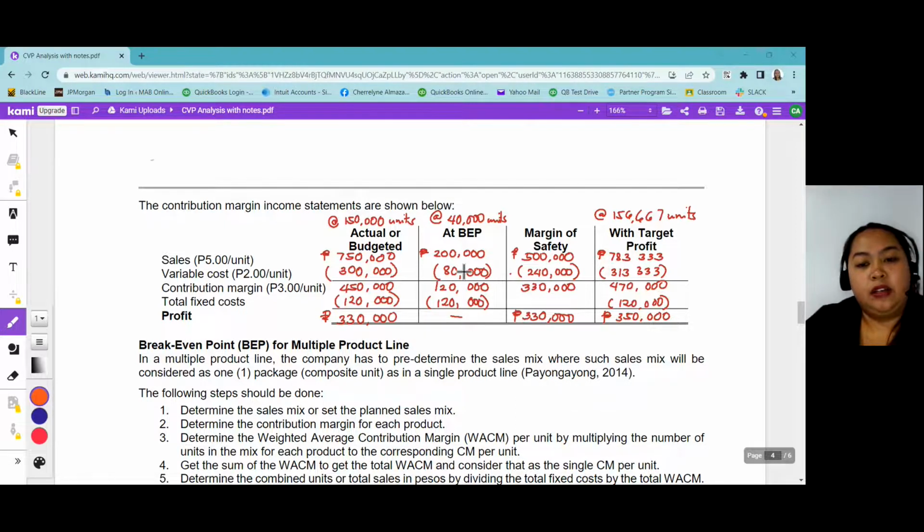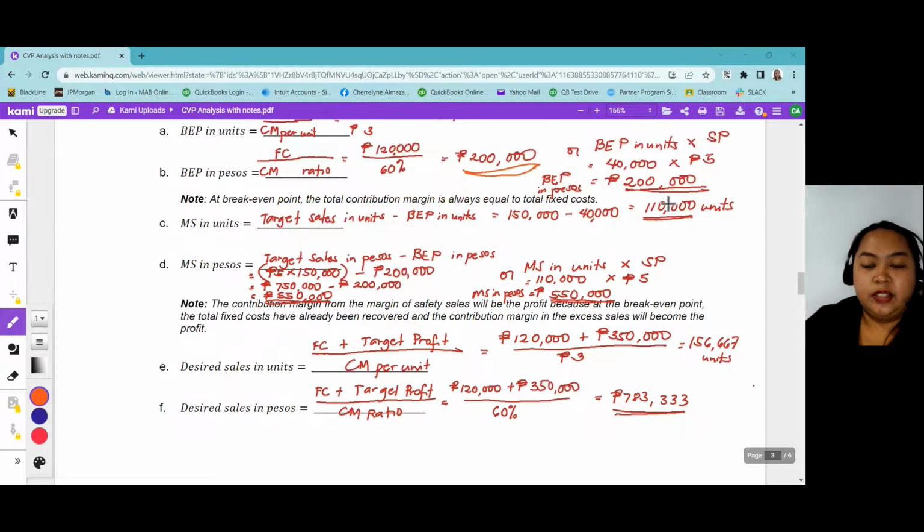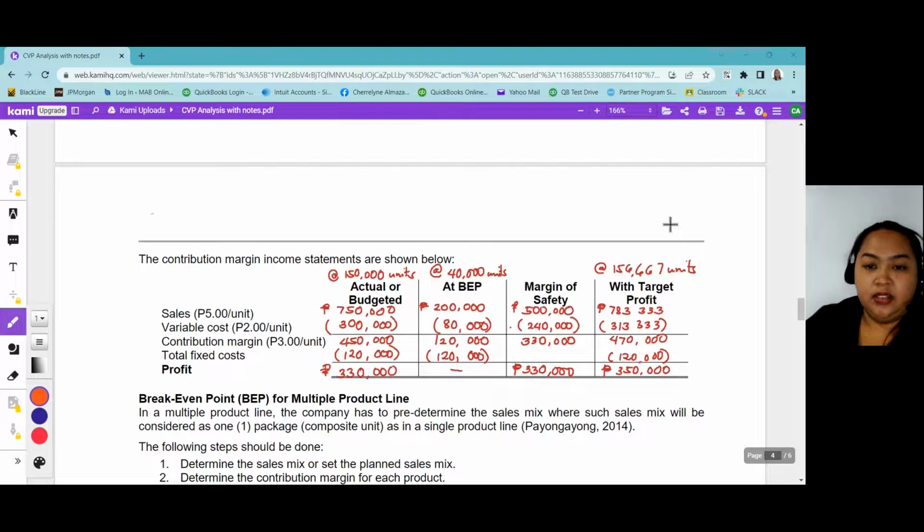Teka lang, parang nagkamali ako dito. It should be 550 yata to. Wait lang ha. Ano nga ba yung margin of safety natin in units? Hindi ko ata nailagay. Compute lang natin, 110. Okay, so this is at 110.